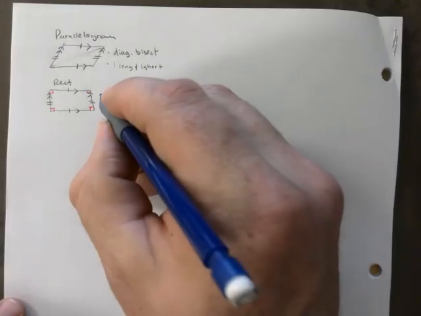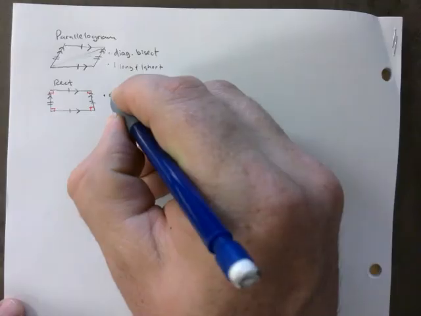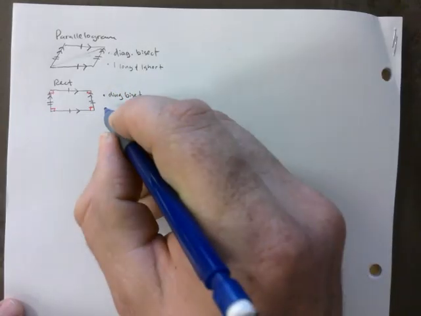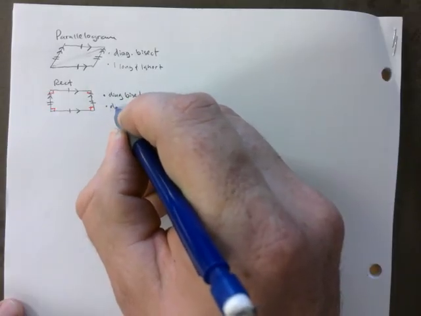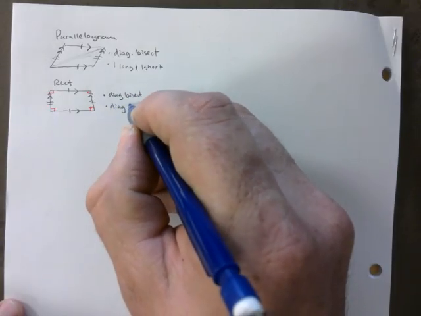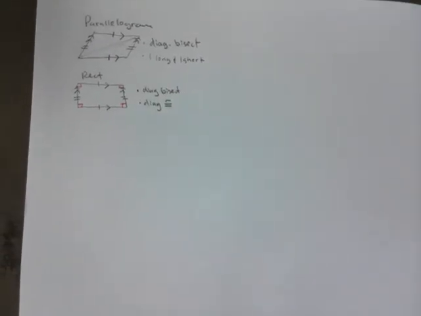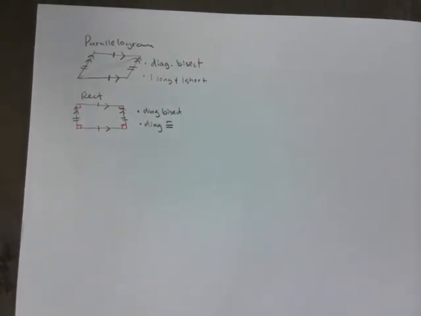So that makes this one stand out. Diagonals bisect. Diagonals are the same. There you have enough. In my opinion, you have enough there. I can zoom in if you want, but then you won't have the perspective as to how much space it actually takes up.